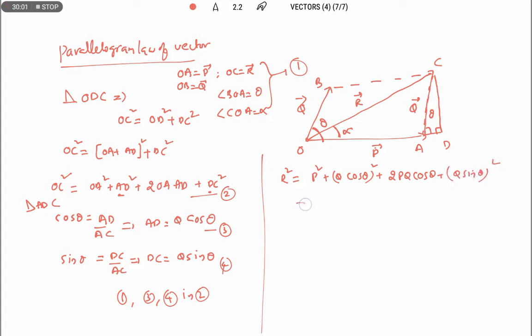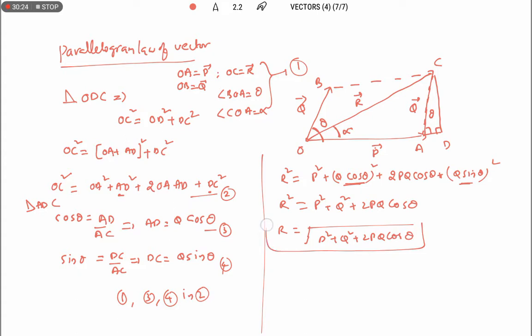Again here Q square cos square theta plus Q square sin square theta, Q square common, and the rest will be P square plus Q square plus 2PQ cos theta. So R is P square plus Q square plus 2PQ cos theta, the magnitude of the resultant vector.